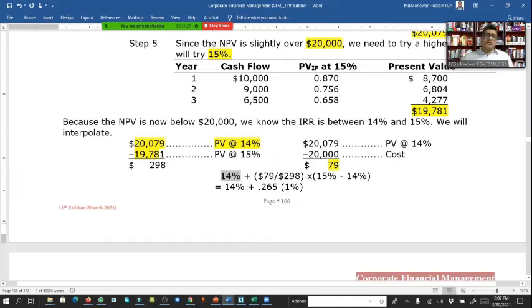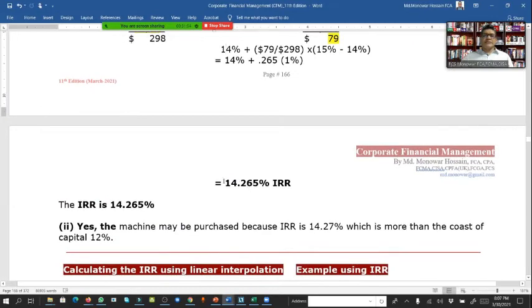The lower rate is 14%, which has the positive NPV. So the positive NPV, divided by the difference of both present values, multiplied by the higher rate minus the lower rate, gives us 14.265. This is the IRR.